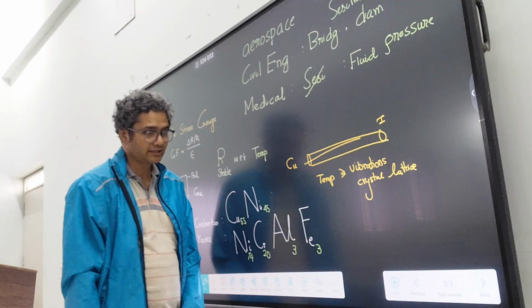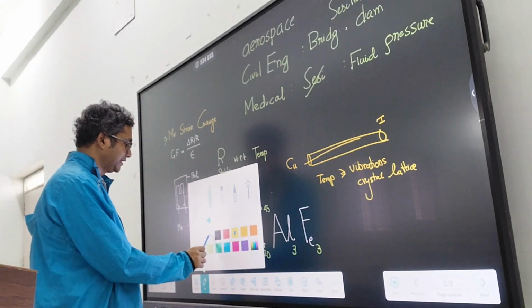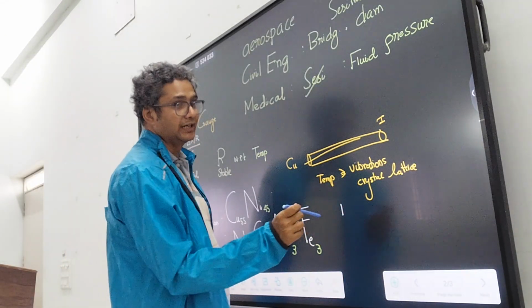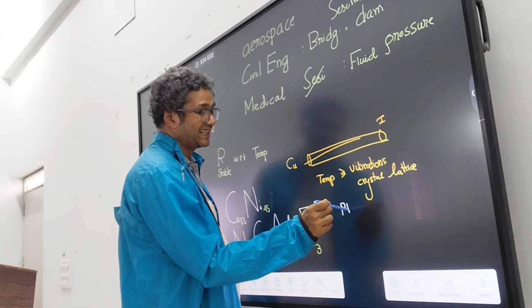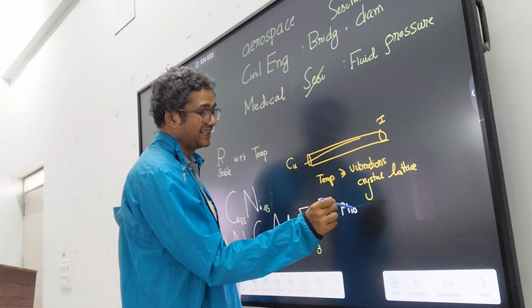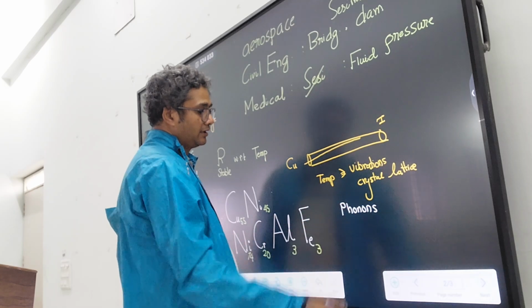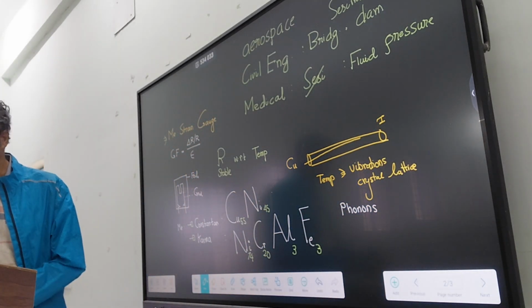The vibrations in the crystal lattice have one name associated with them, called phonons. So it will hamper the conductivity, or the resistance.